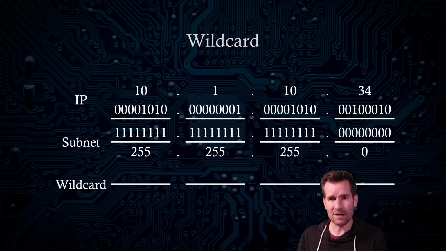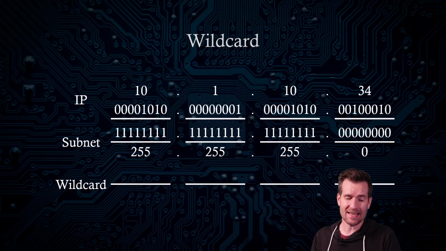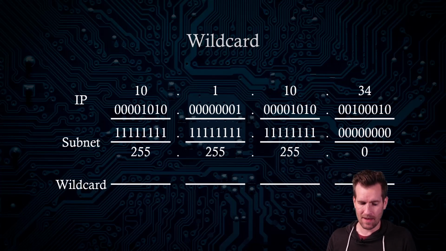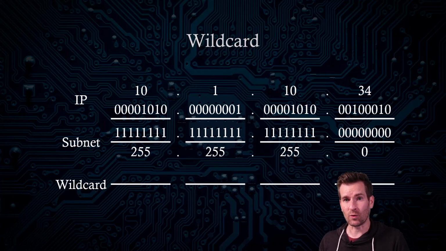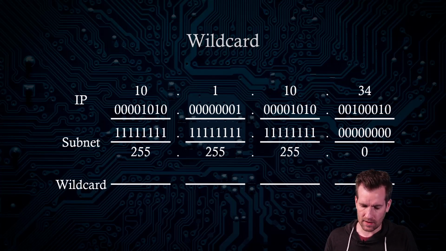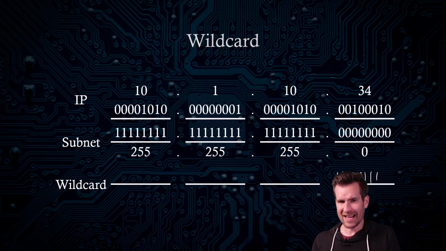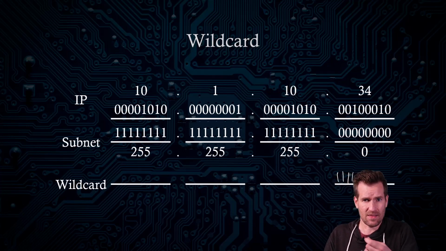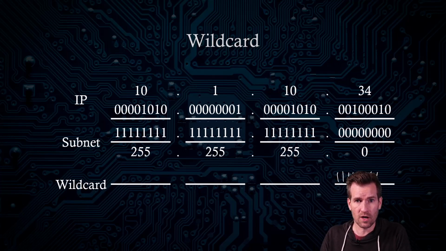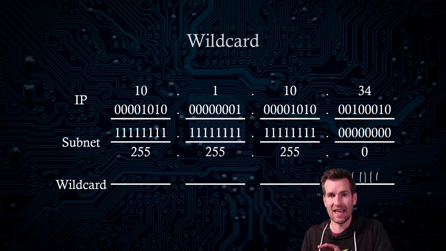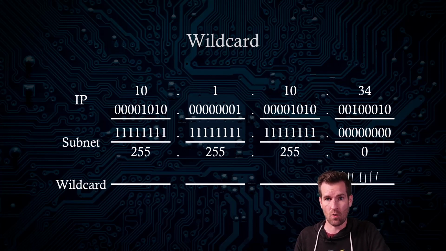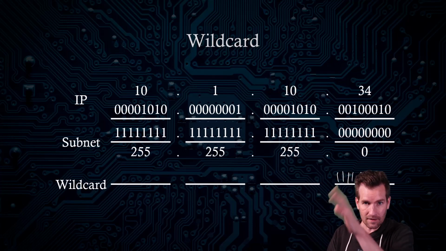A wildcard mask is somewhat similar. A lot of times what we're going to see is that the wildcard mask is the opposite of the subnet mask. So in this case, if we're specifying the network that this is on, we would say that these are all host bits. Or what the ones represent is that it doesn't matter if that's a 1 or a 0. We're going to ignore those. It's similar to wildcards in programming or in certain software, where you use wildcards to say I want to search for something, or I want to eliminate all of these options.